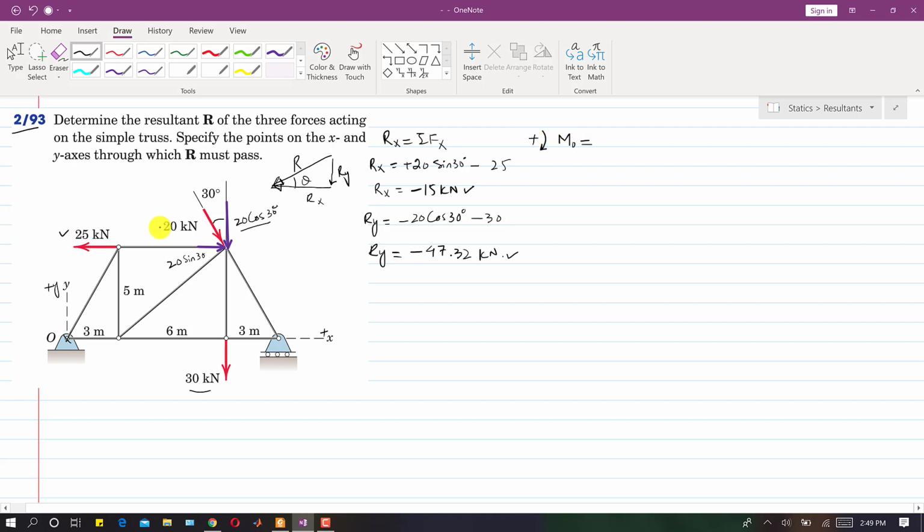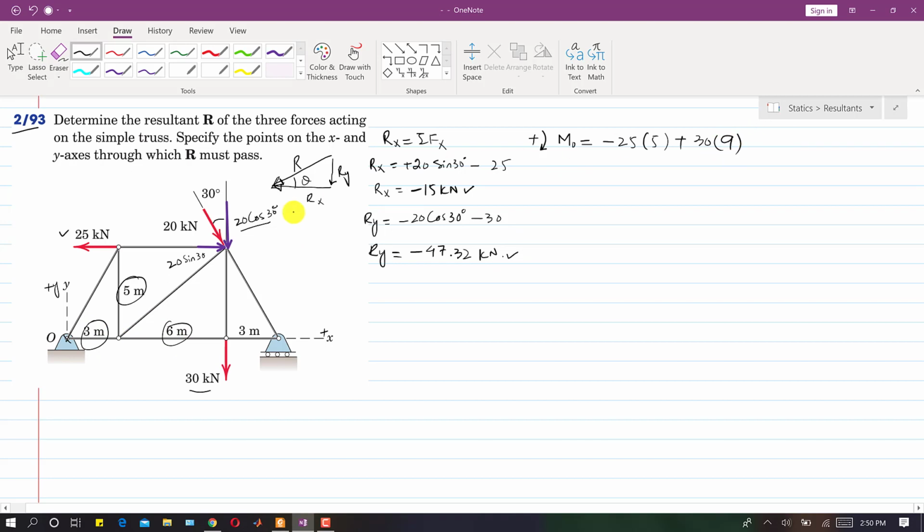So this 25 kilonewton force is producing counterclockwise moment, so I will write minus 25, and its perpendicular distance is 5 meters, so multiply by 5, right? Similarly this 30 kilonewton force is producing clockwise moment about O, so I will write plus 30, and its perpendicular distance is 6 plus 3, so this is 9.